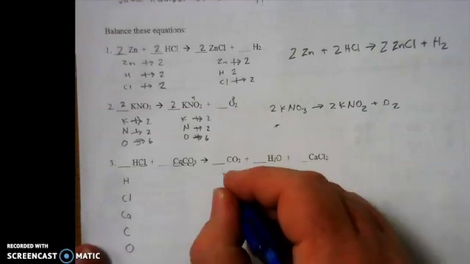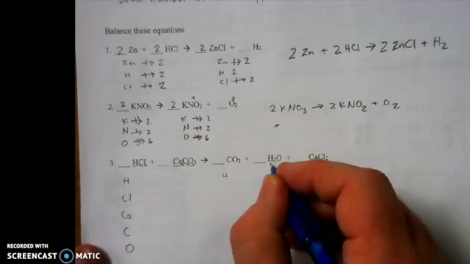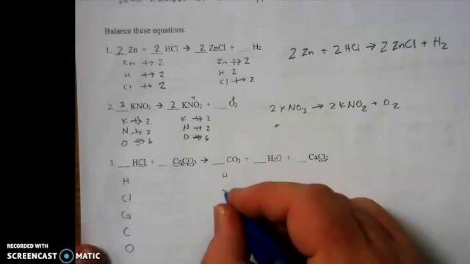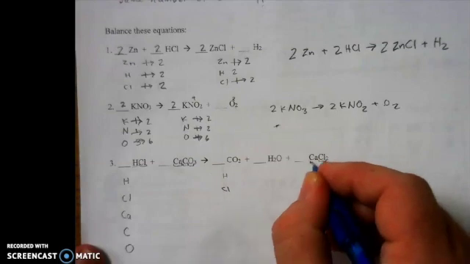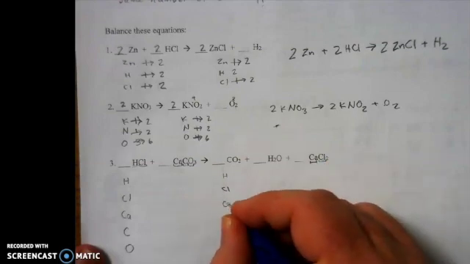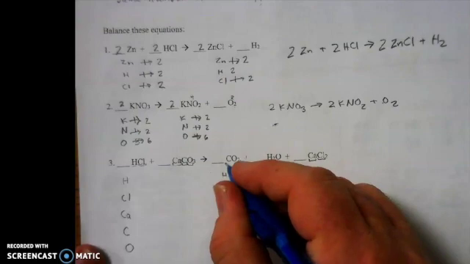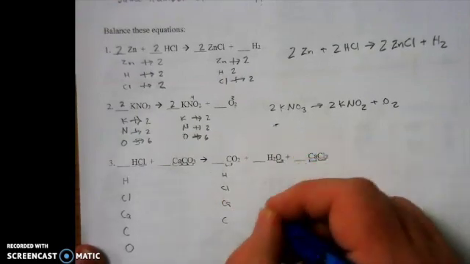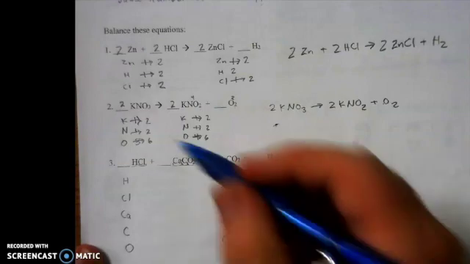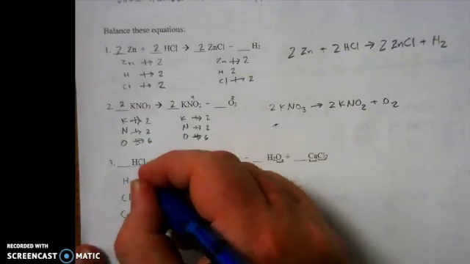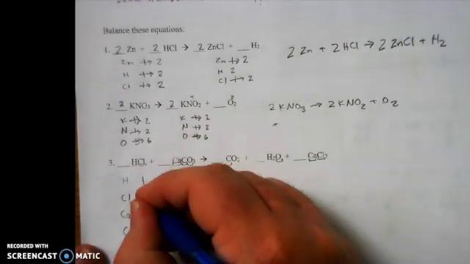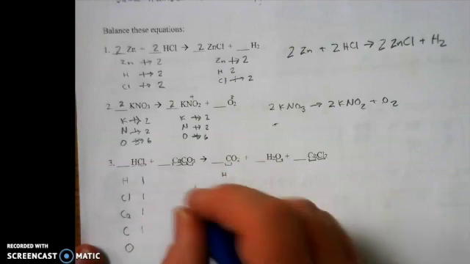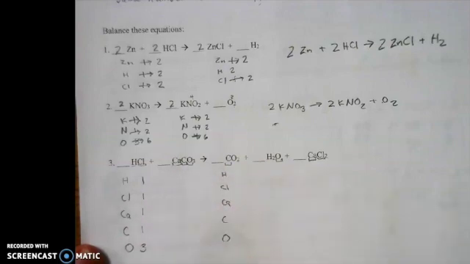We have hydrogen, H by itself, chlorine, right there, calcium, carbon, and oxygen. Okay, so let's start counting. We have 1 hydrogen, 1 chlorine, 1 calcium, 1 carbon, 3 oxygens.